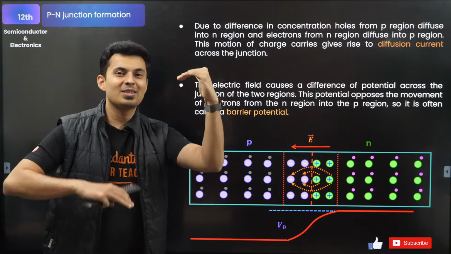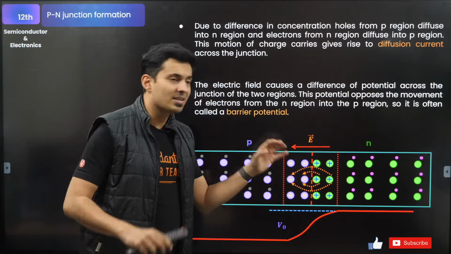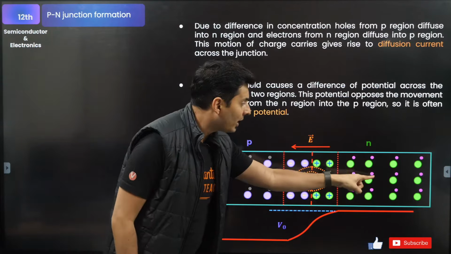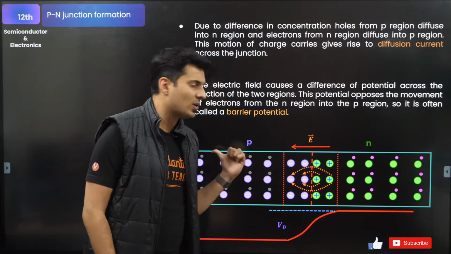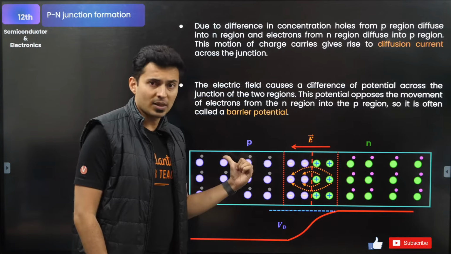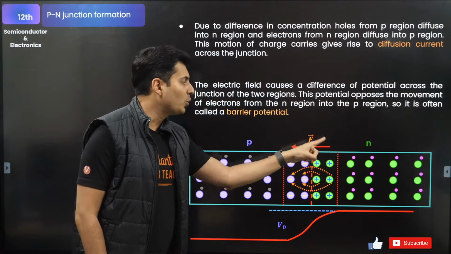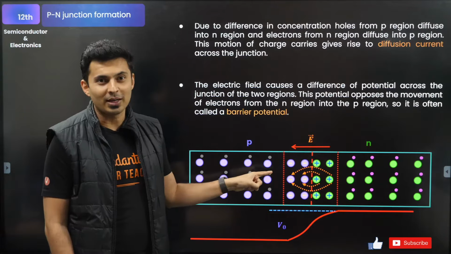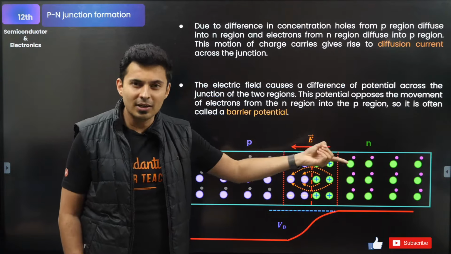This potential difference is called a potential barrier, because this potential difference prevents more electrons from flowing from here to here. Because the electric field is towards the left side, any electron trying to reach here will have to face the consequence of the electric field. The force because of the field will be towards the right side because it's a negative charge again.